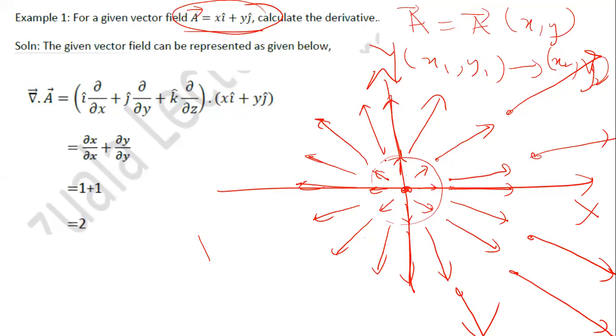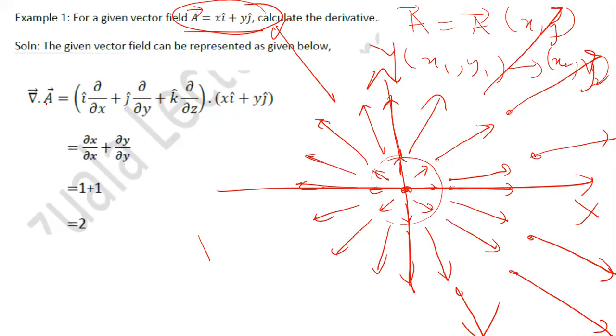But if you move further away, when the x and y values are increasing, the vector magnitude also becomes larger like this. So you have a vector field traveling away from the origin, right? So this is what the mathematical form xi cap plus yj cap represents as a vector in this space.